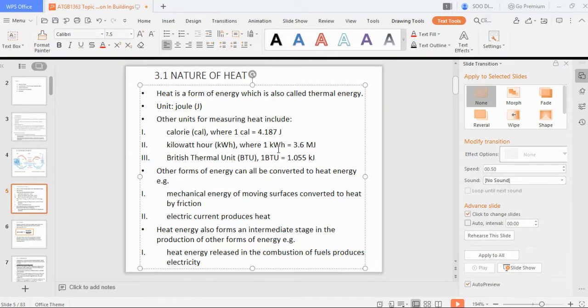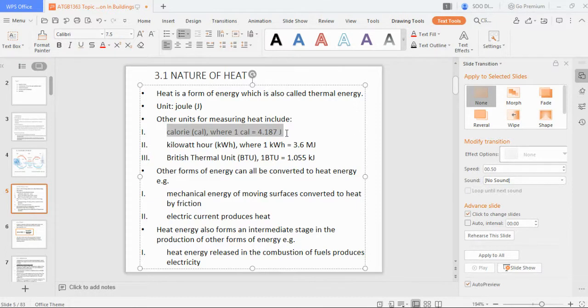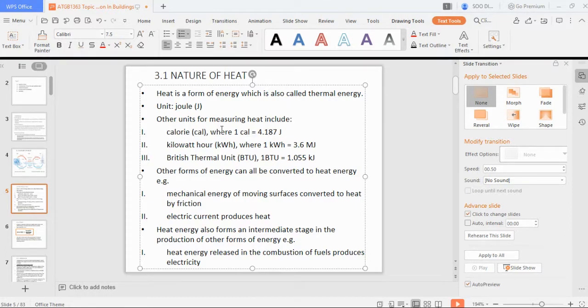There are different methods to measure heat. We can have calories, kilowatt hour, or the BTU, the British Thermal Unit. All these are different representations of heat. The most famous is calorie, how many calories a fire can burn off.